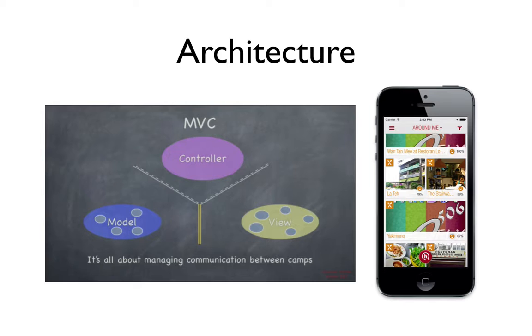So that's a very simple architecture of an iOS app. For you guys, the most interesting part is the view, so in this talk I will focus on the view.